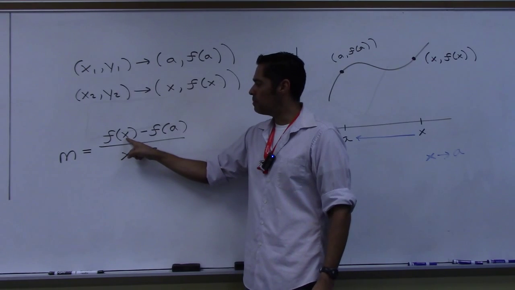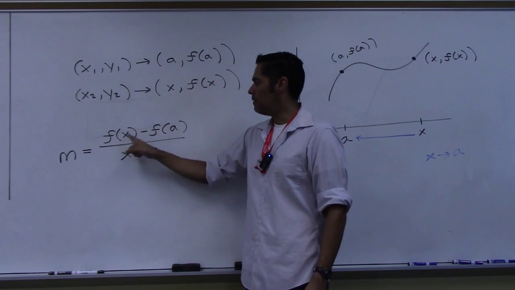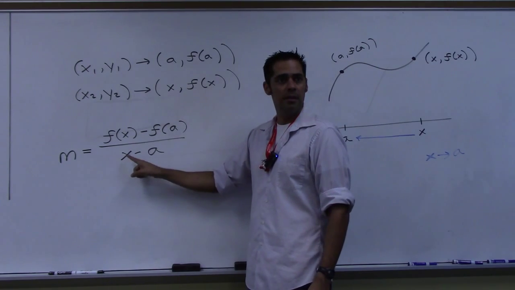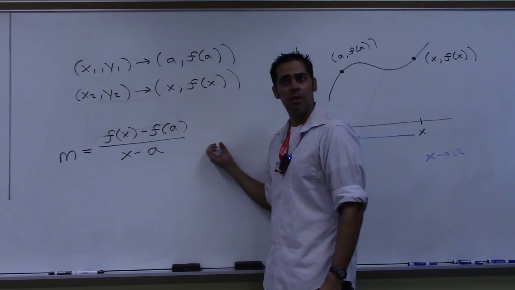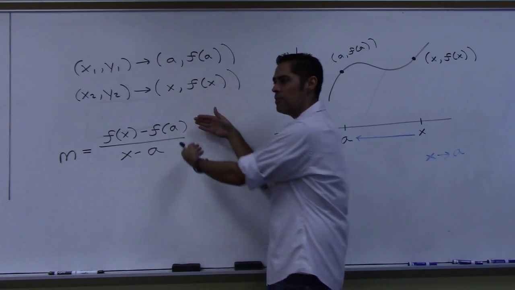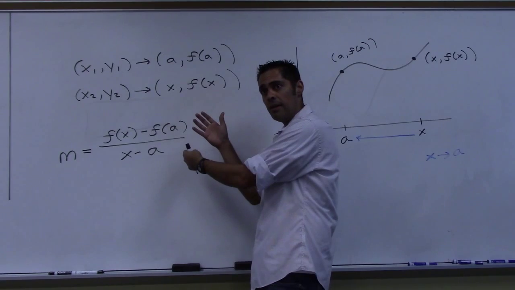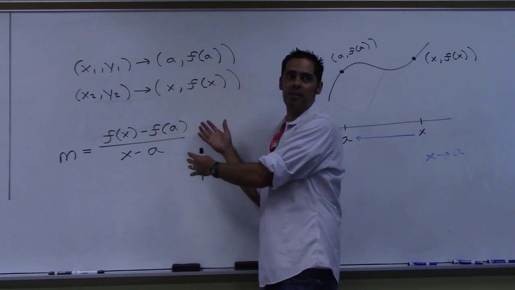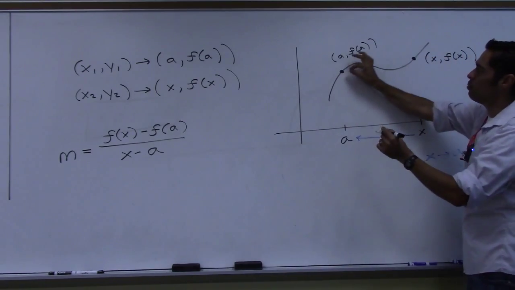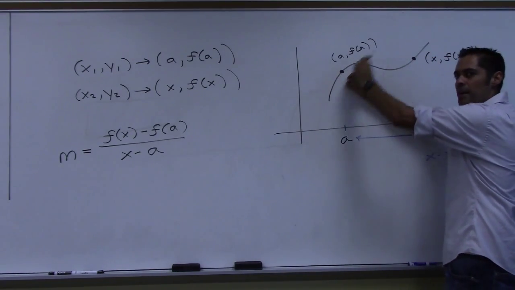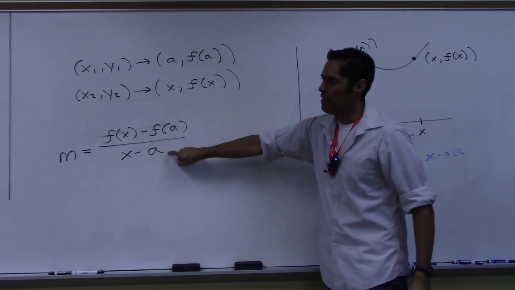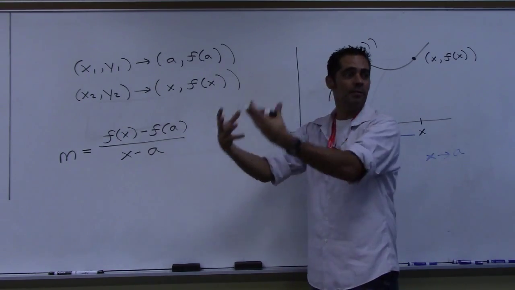So what happens if that x becomes an a? We get f of a minus f of a, which is 0. And then if I let that be a, what is it? a minus a is 0, and we get 0 over 0. Which traditionally we would be like, can't do it. But we've already seen that 0 over 0, if we do algebra appropriately, we might be able to actually get a number. And that's how we actually will be able to move this over here. We know that there's a tangent line. We know it's there. We just actually have to be able to find it. And it's always going to reduce down to that right there, in a limit form.